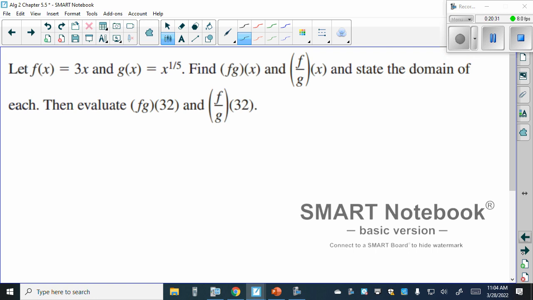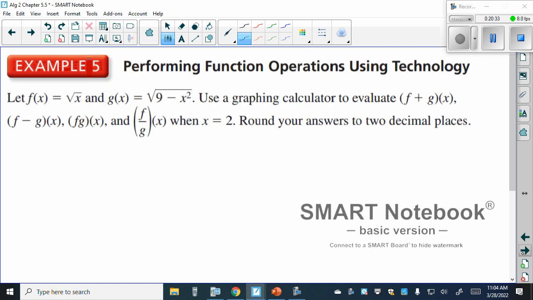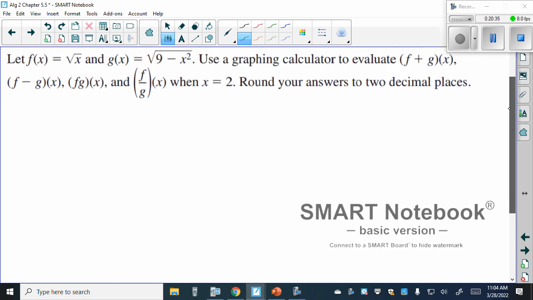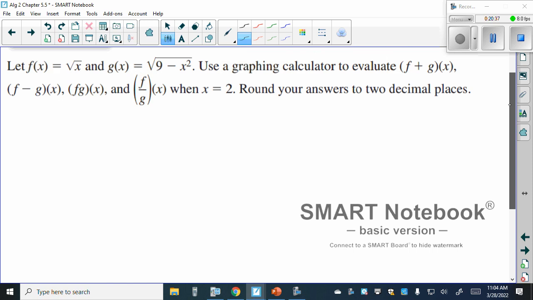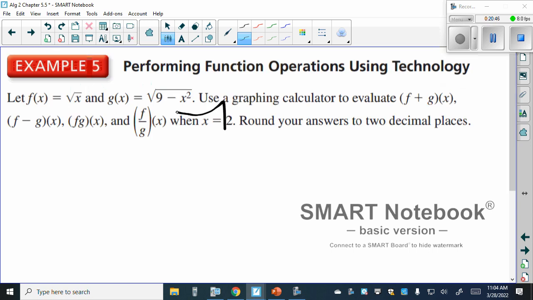Now the last thing we're going to look at today is performing these operations using technology. So we're going to find f plus g of 2, f minus g of 2, f times g of 2, and f divided by g of 2. We're going to be plugging 2 into x and finding what these are.